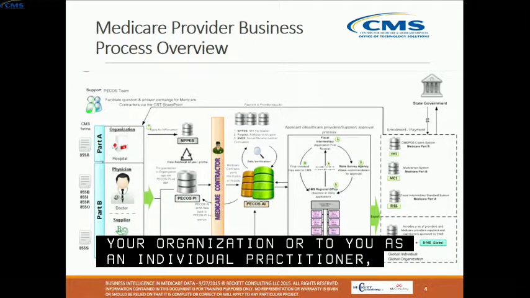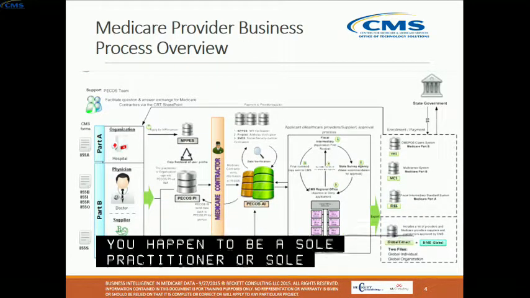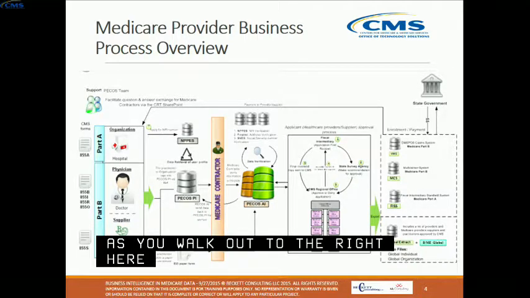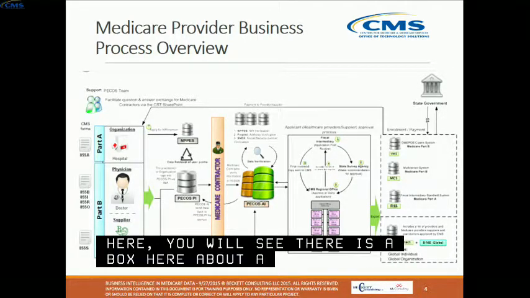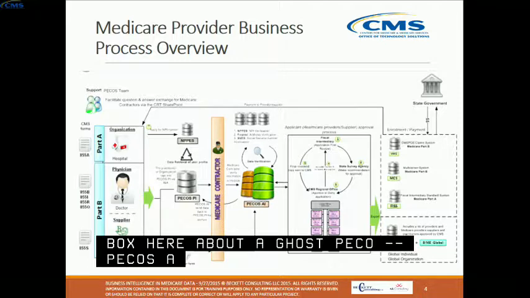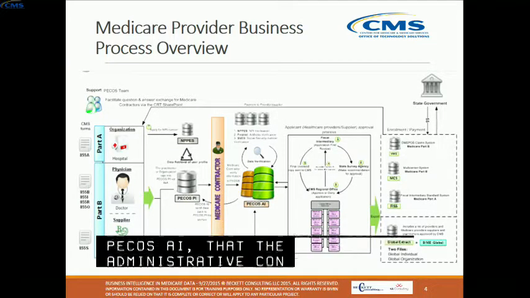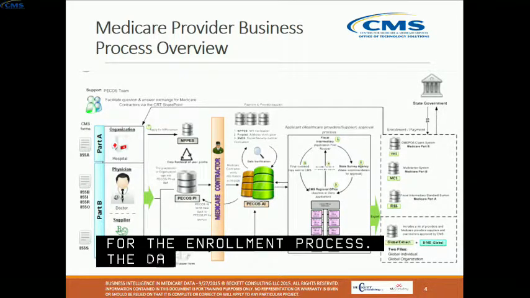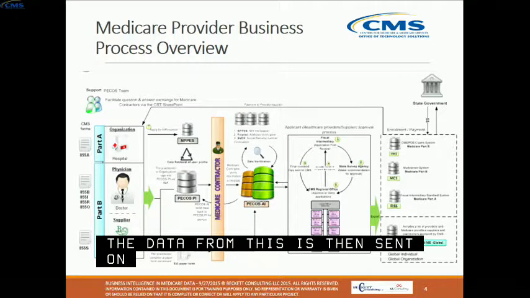So as you walk out to the right here, you'll see there's a box here about PACOS AI. That's the administrative interface that the Medicare Administrative Center contractors use to manage the enrollment process. The data from this is then sent on to the claims processing systems, which are on the far right here.